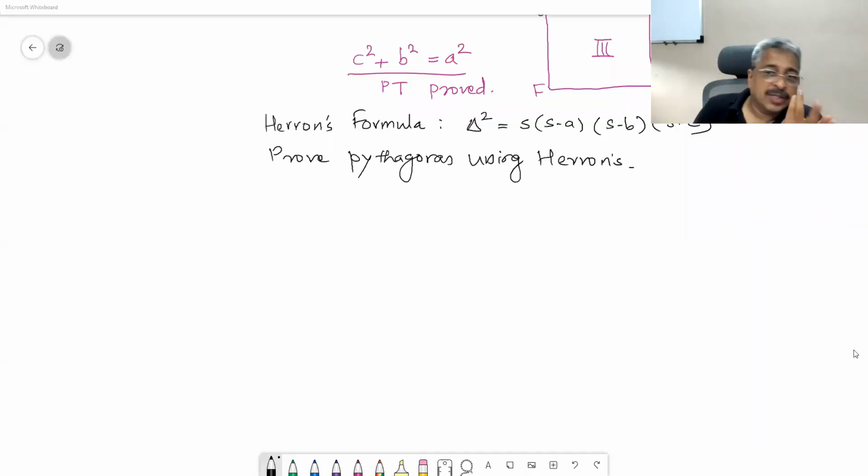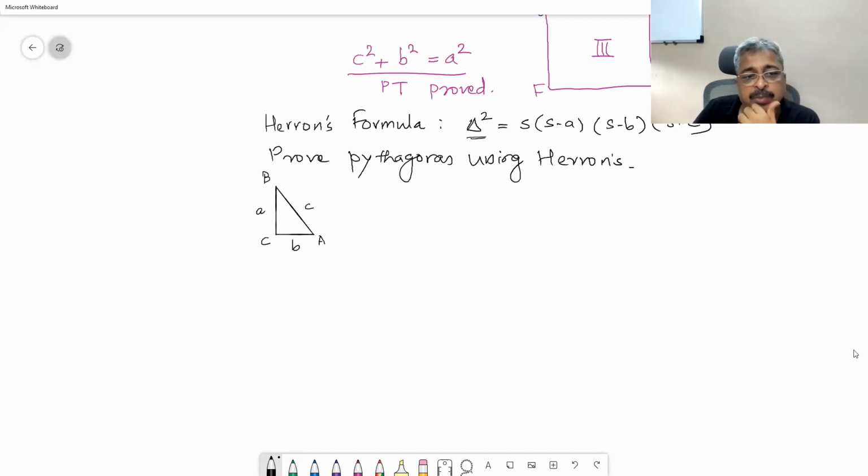Now, the idea is going to be very simple. We have a right triangle, and if you want a square plus b square is equal to c square, then it should be like this: C, A, B. Therefore, A, B, and C. So, you have to calculate the area of this triangle in two different ways because Heron's formula talks about area.